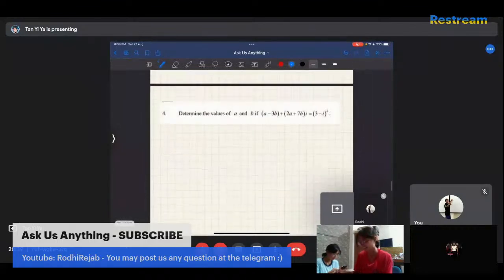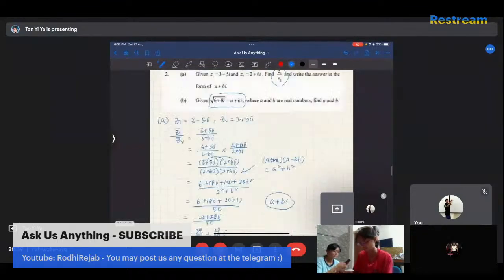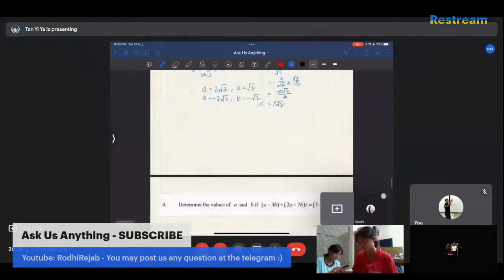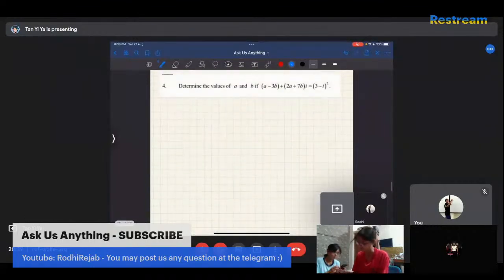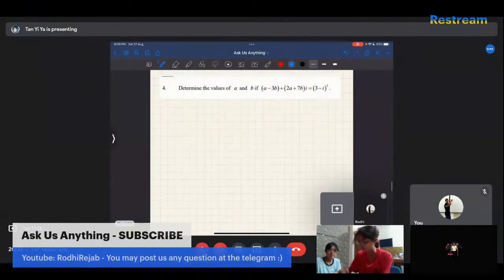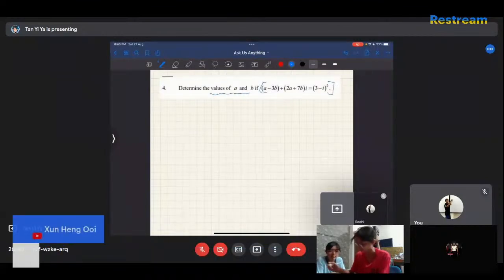Okay, so for this question, we have to find the values of a and b if the equation is in this form. Am I too fast?